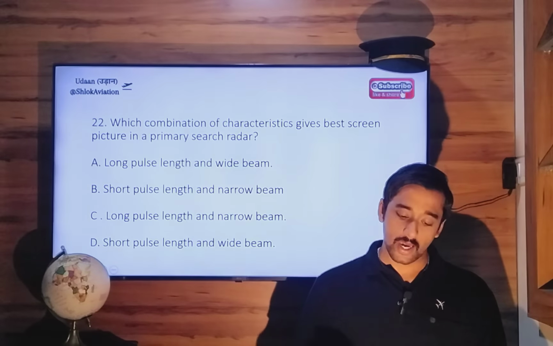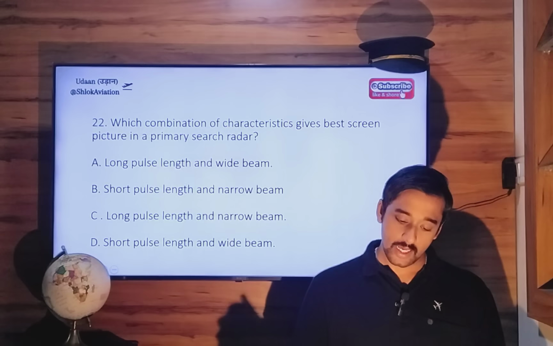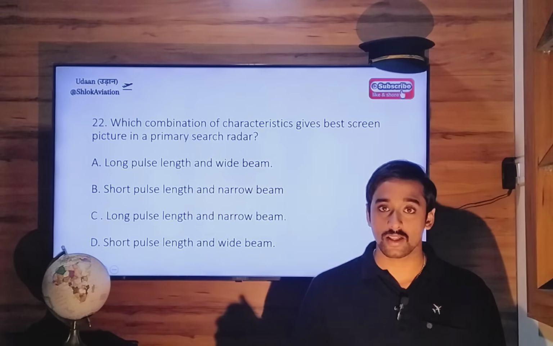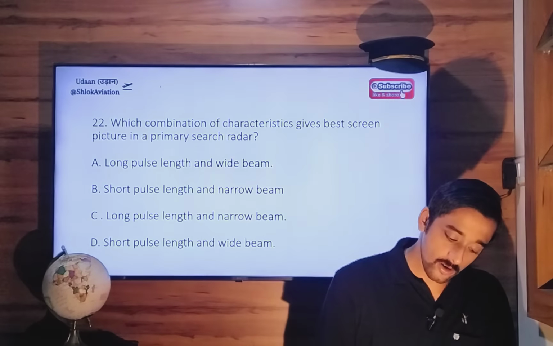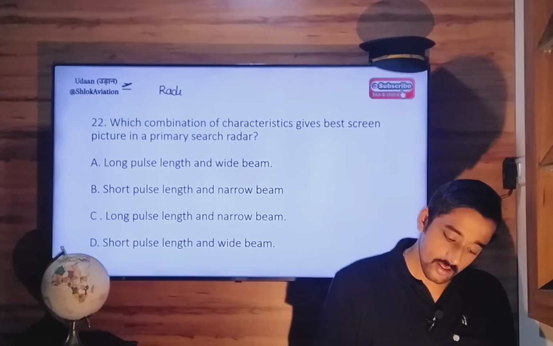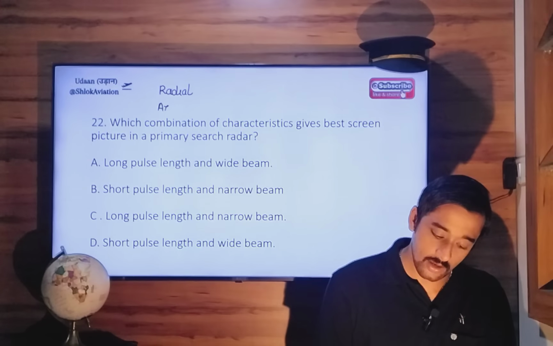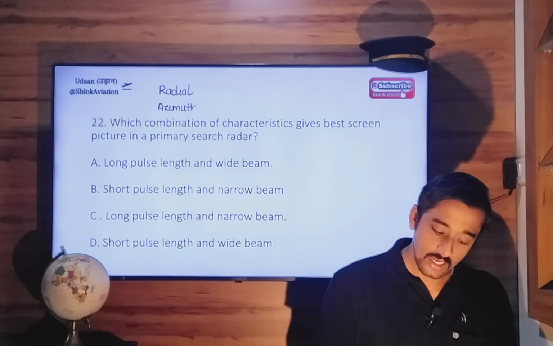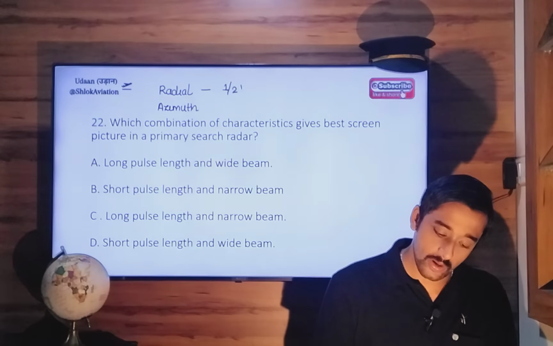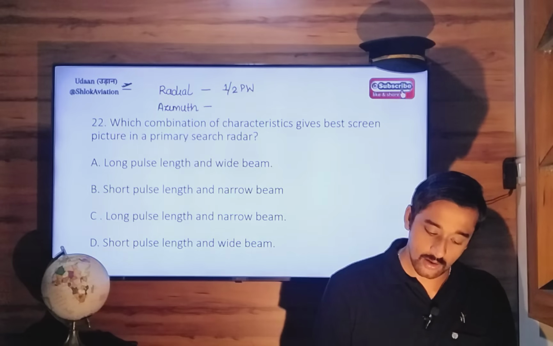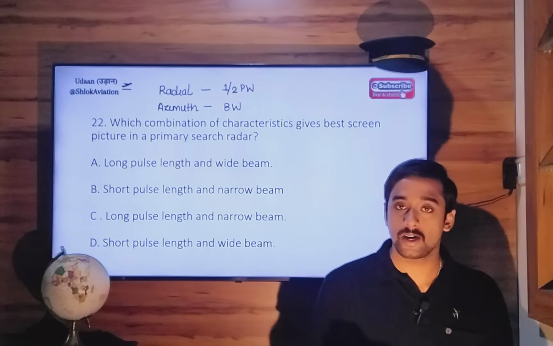Which combination of characteristics gives the best screen picture, meaning the best radar resolution in terms of radial resolution and azimuth resolution? Radial resolution is obtained by half pulse width. Azimuth resolution is obtained by full beam width.